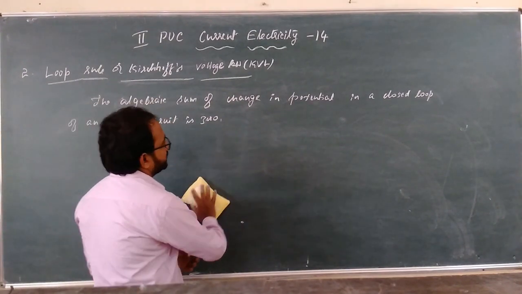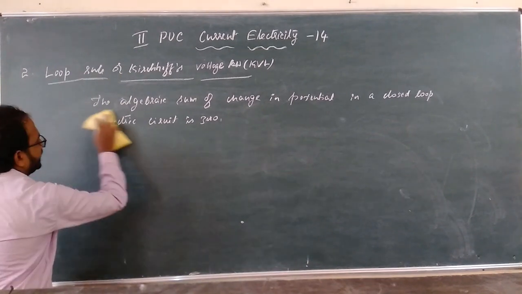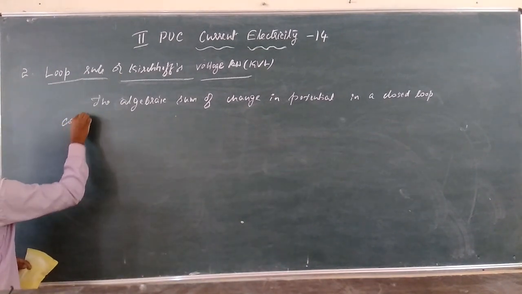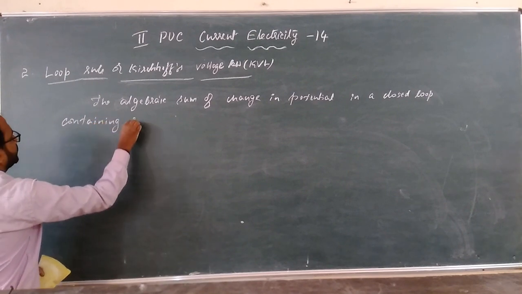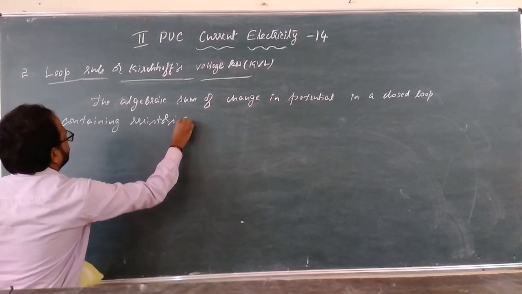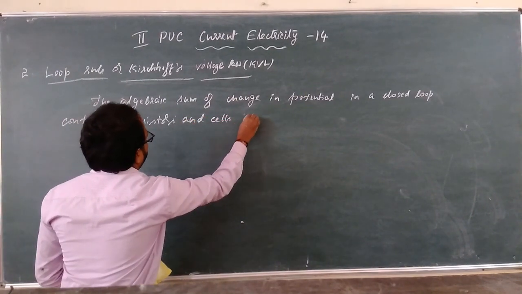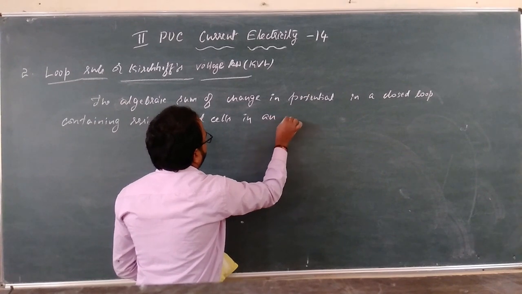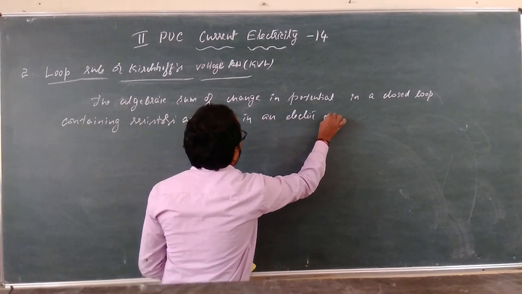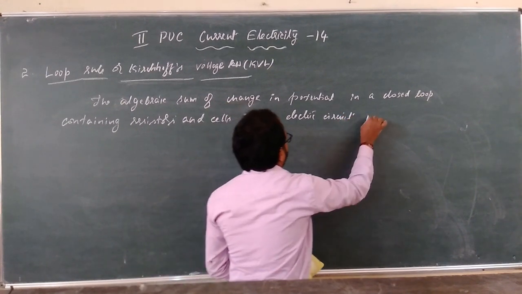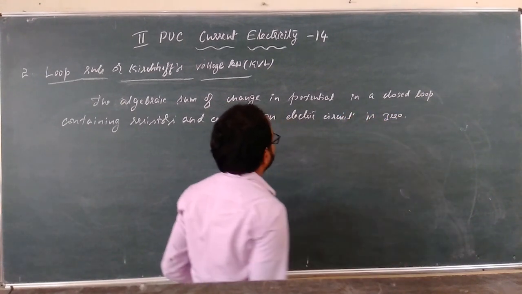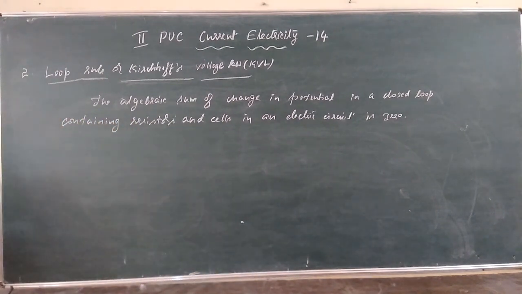So therefore you can write the algebraic sum of change in potential around a closed loop containing resistors and cells in an electrical network is 0.